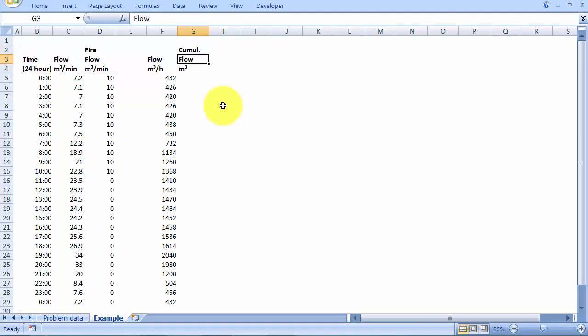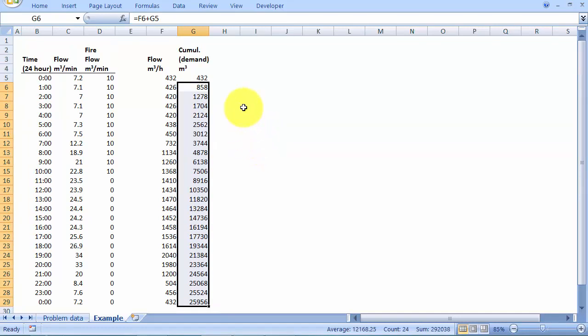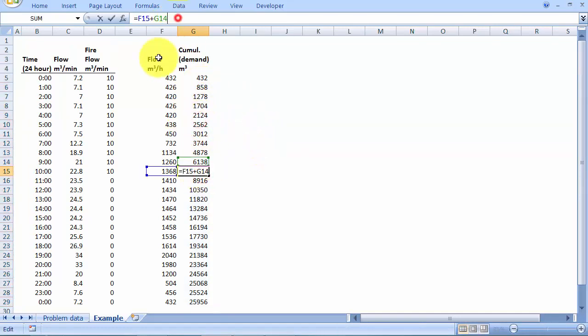You could also call this your demand for the day. For the first hour, it's just the flow rate for that first hour, and in every subsequent hour, it is the flow for the current hour plus whatever the previous rate has been. Now all of these cells should be referencing the cell immediately to their left and the cell above, so it's carrying forward that flow volume.